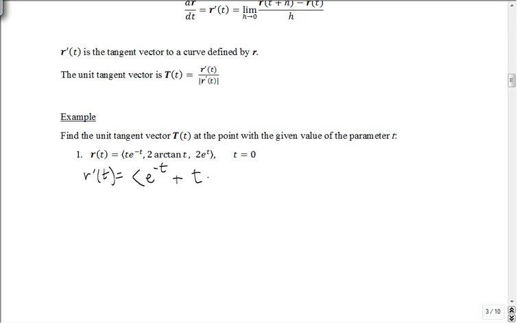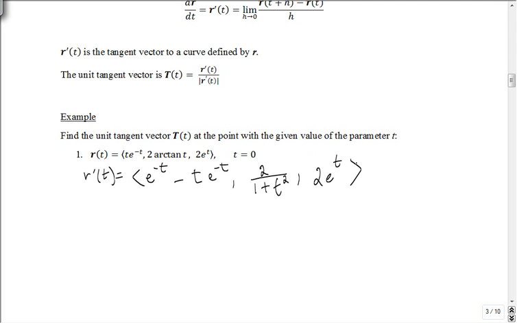So let's change this plus to a minus. So that's the first one. 2 arctan of t. The derivative of arctan of t is 1 over 1 plus t squared. So that's 2 over 1 plus t squared. Differentiate 2e to the t, you get the same thing. Okay.